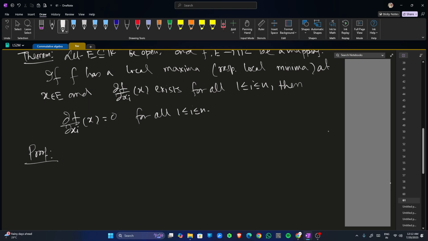Okay, the proof is as follows. We want to use the one variable local maxima, local minima proof to prove this theorem.